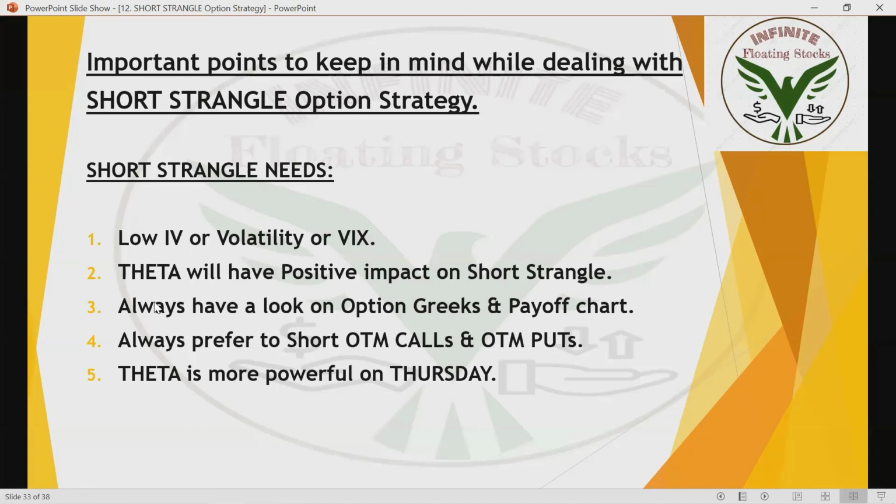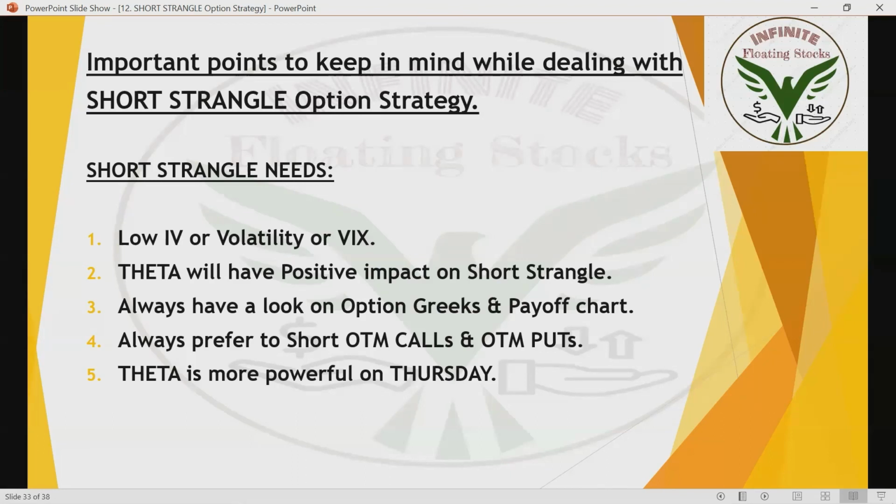Always have a look at option Greeks and also the payoff chart. The payoff chart is very important. It helps you understand the loss you may face if the market goes against your direction, it tells you how much profit you will get if the market stays at some point, and it tells you the break-even points.